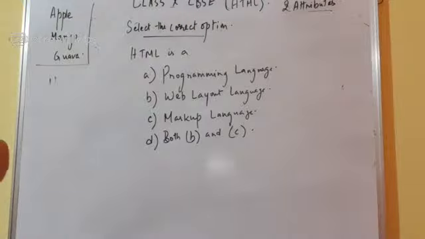My first option is whether HTML is a programming language or a web layout language. Third option is markup language, or the last option is both B and C. So what do you think will be the correct one? Any idea?